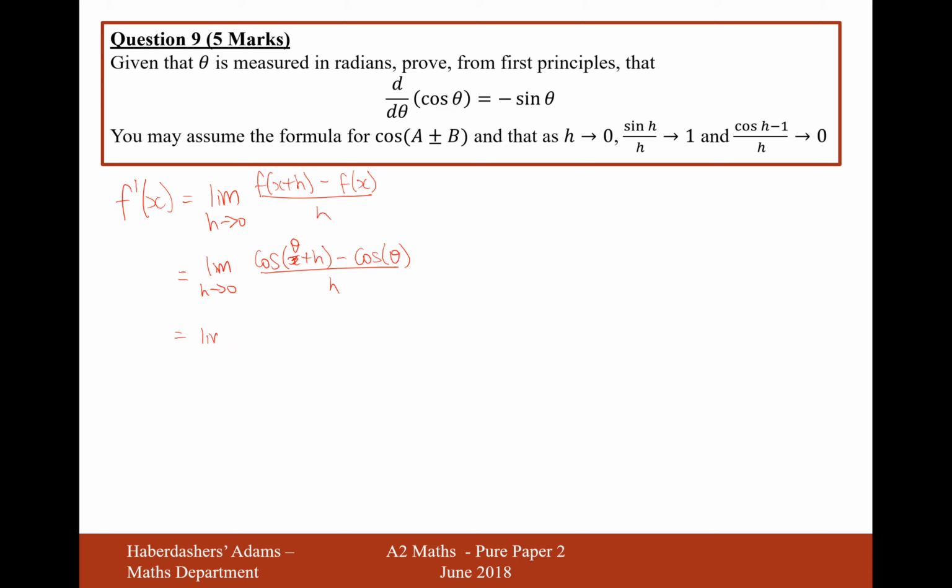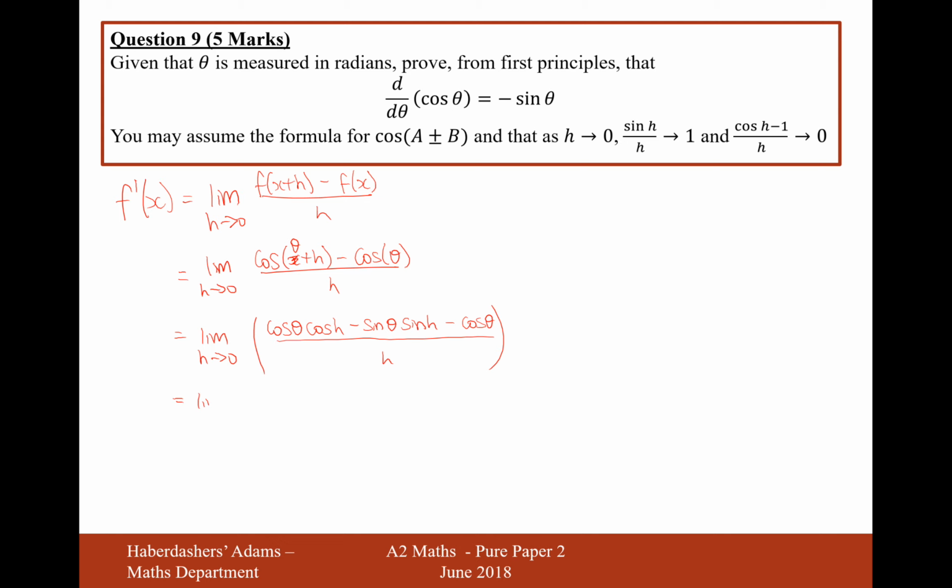So what we'll do now is we'll expand the bracket of cos theta plus h. So that's going to be cos theta cos h, and then it's going to be minus sine theta sine h minus cos theta all over h.